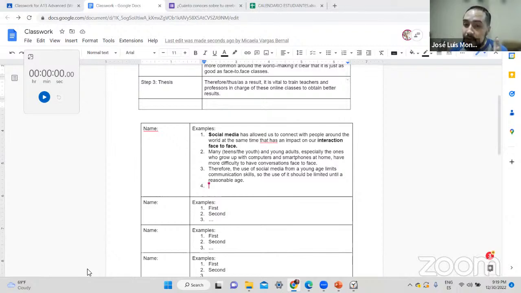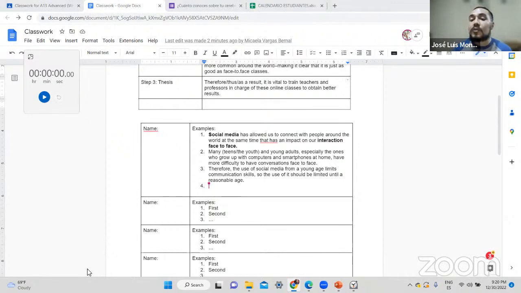So it's good. In all, you're saying that because of those limits, it should be limited until a reasonable age. It means that on your essay, you have to show that. You need to show either why it is a good idea to limit that to a reasonable age, or what that reasonable age is and what's the difference between a person before that age and after that age.